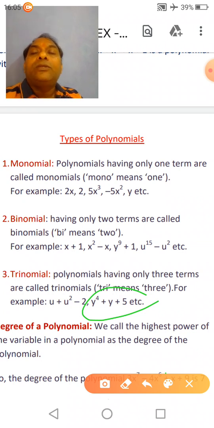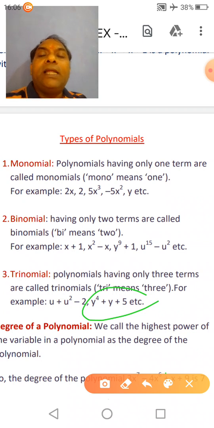Clear? So you have to remember, in case of monomial, polynomials having only one term are called monomials. Binomial, polynomials having only two terms are called binomials. Trinomial, polynomials having only three terms are called trinomials. Clear?